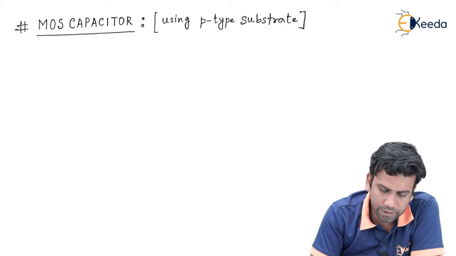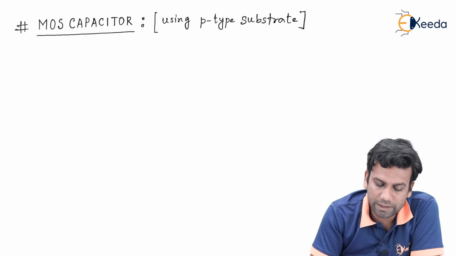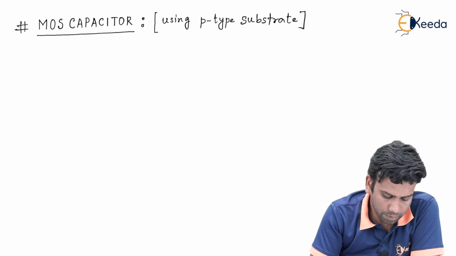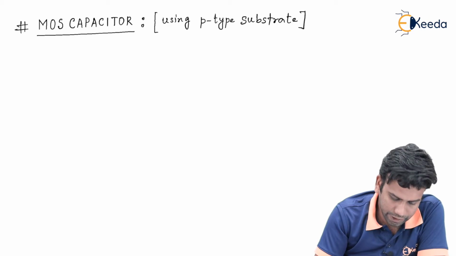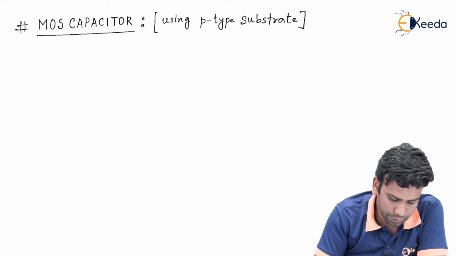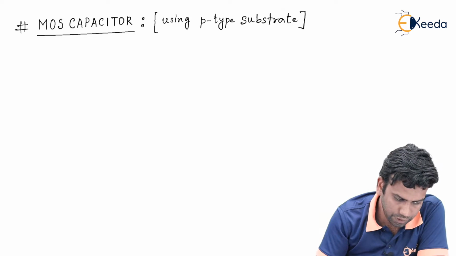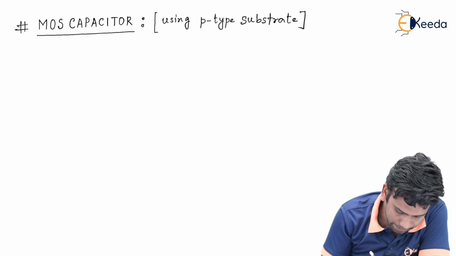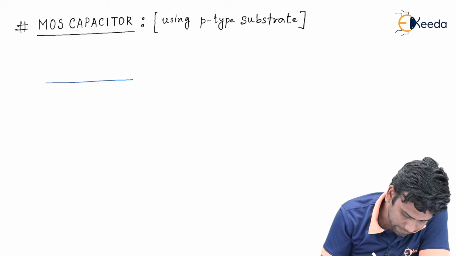For that, let us analyze what a capacitor is, and then we will go to the MOS capacitor. The MOS capacitor can be explained using the parallel plate capacitor. We know that the parallel plate capacitor can be drawn in this fashion.